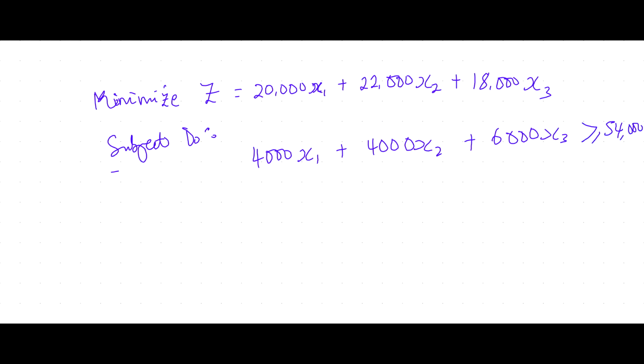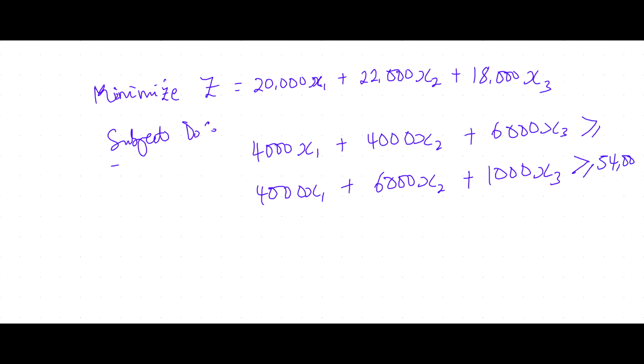Then the second constraint is the high grade: 4,000 X1 plus 6,000 X2 plus 1,000 X3, which should also be greater than. So the first one is 54,000 is for the high grade, and 65,000 is for the low grade.